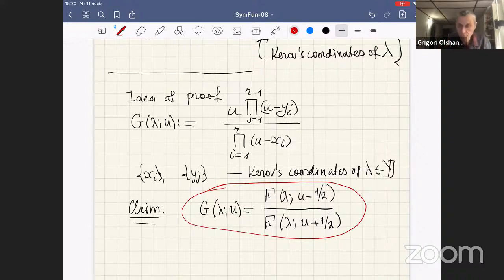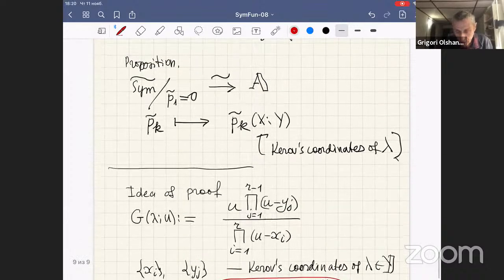First we have to prove this, okay? And next, to deduce from this relation the consequence about our claim, this one.